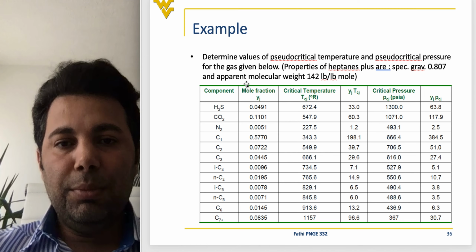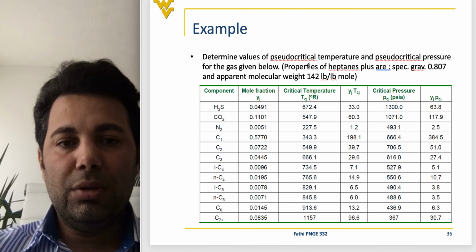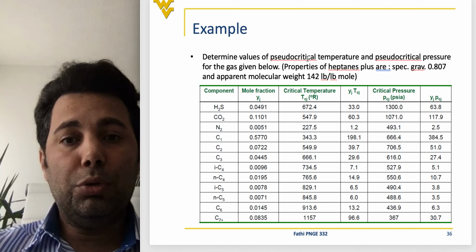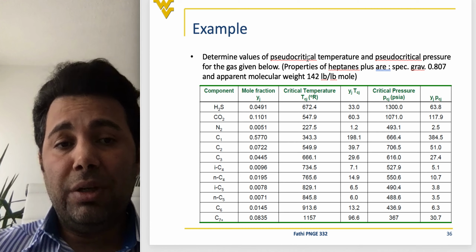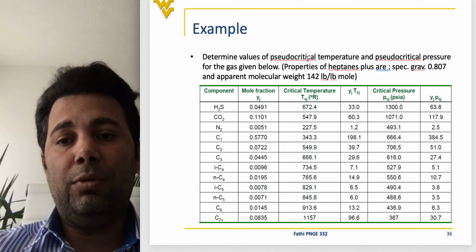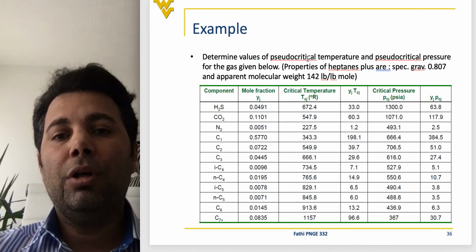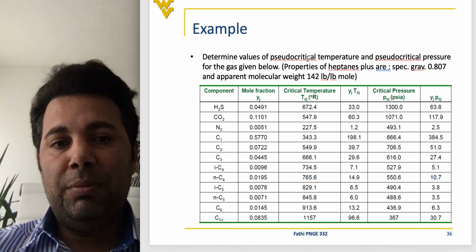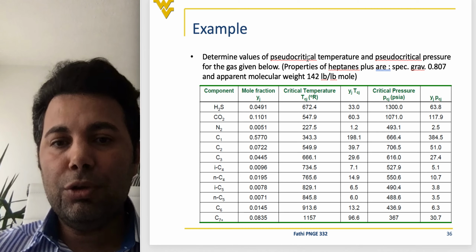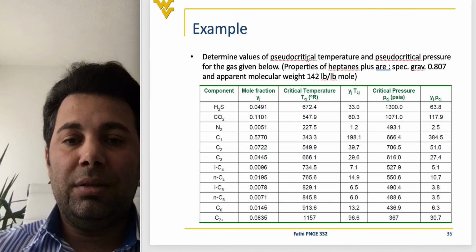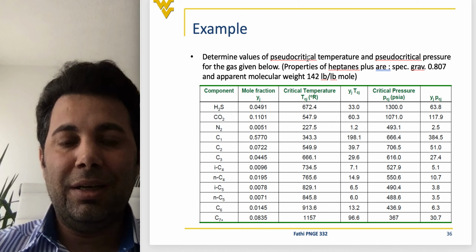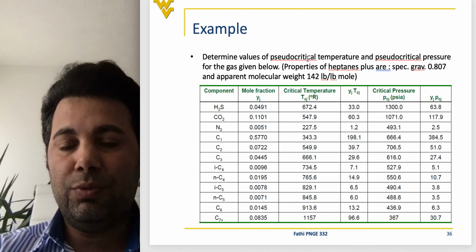So in this example, the question is to find the pseudo-critical temperature and pressure. It could be to find the density of a mixture at a given pressure and temperature, or specific volume of this mixture, or mass of this mixture at any given pressure and temperature. This will actually be one of your open book questions for the midterm.